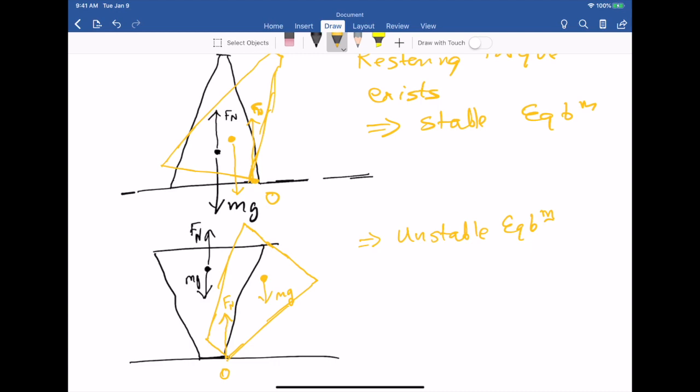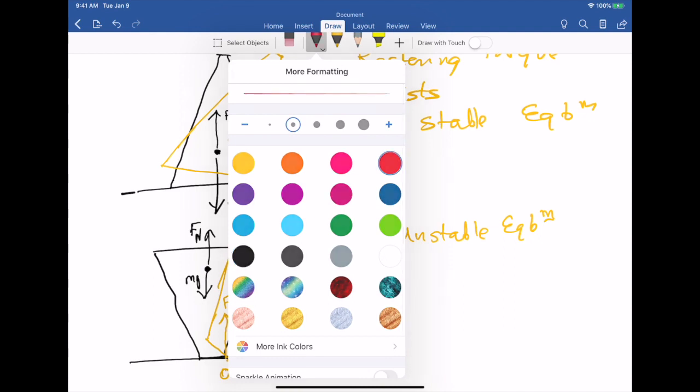Okay, now there is a very easy way to see whether a system is in stable or unstable equilibrium, right? And that is by just looking at the original base of support of the system. So what is the base of support of our triangle here?